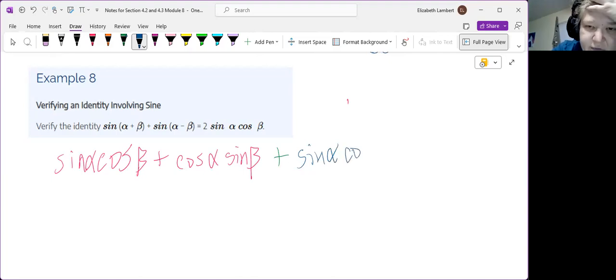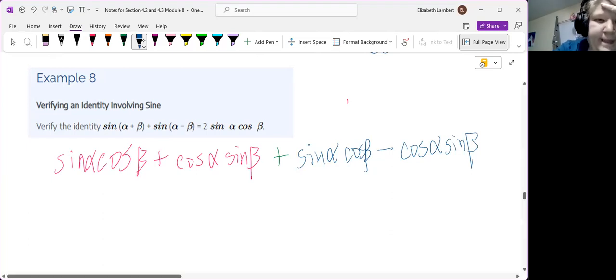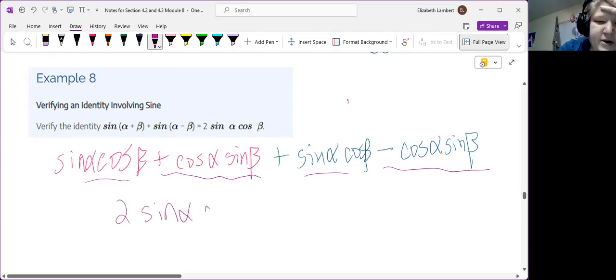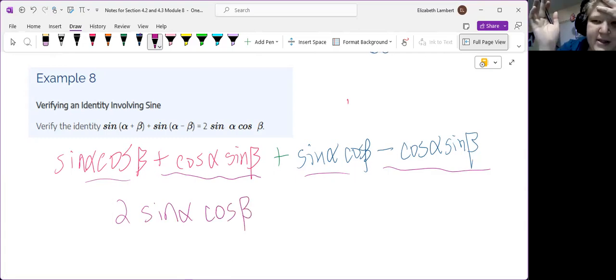Sine alpha cosine beta minus cosine alpha sine beta. And oh, look at this. They cancel. And oh, look at this. It's the same thing twice. 2 sine alpha cosine beta. Oh, look, that's what we wanted to prove. Done.